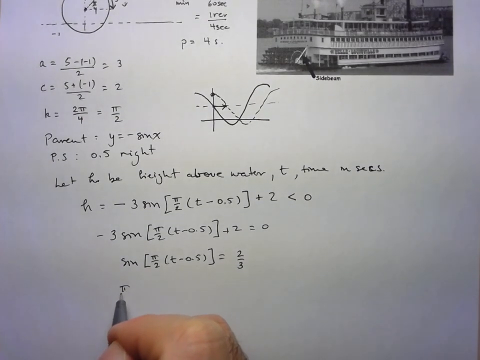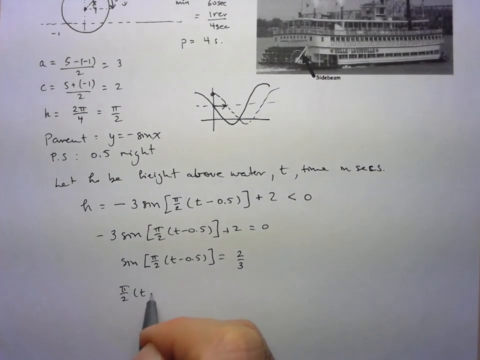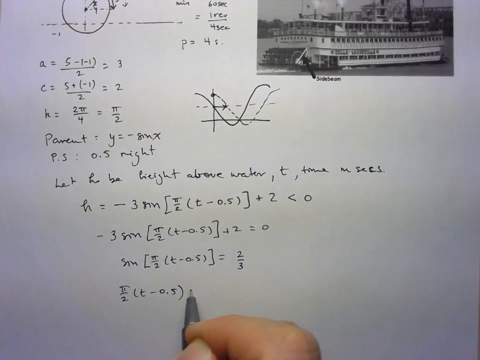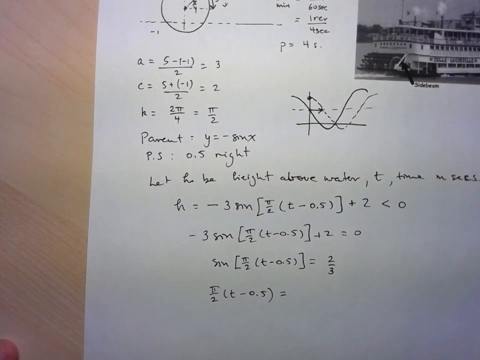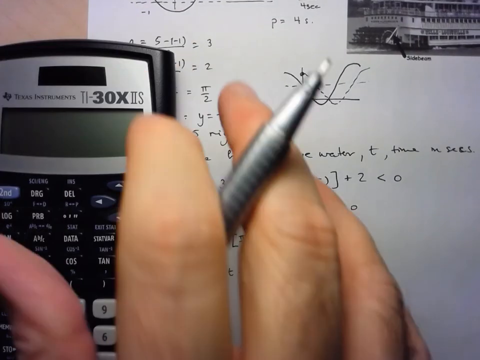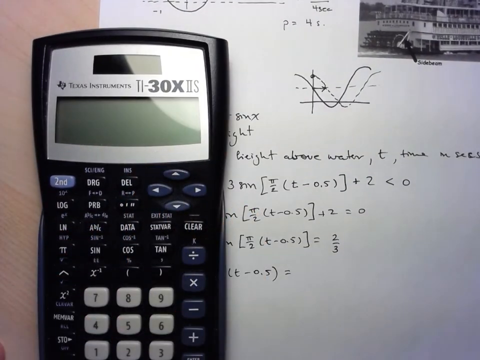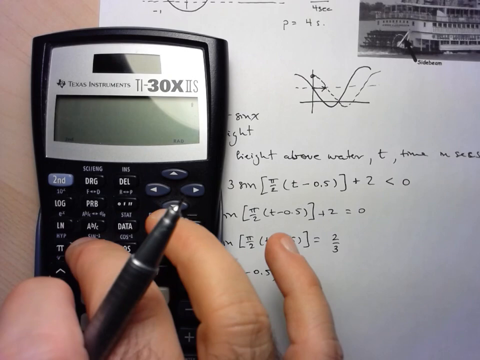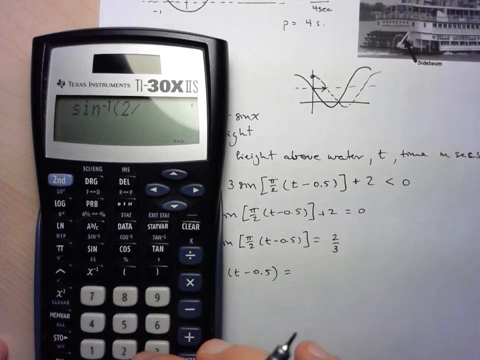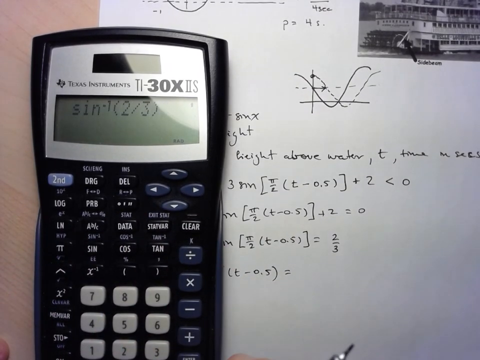So pi over 2 times (t minus 0.5) is going to be equal to, so our first answer is going to be given by the inverse sine. So let's get this here, inverse sine of 2/3. All right, and that's equal to 0.73.